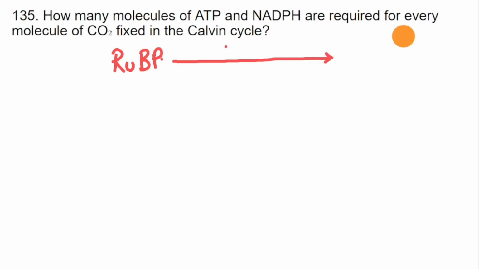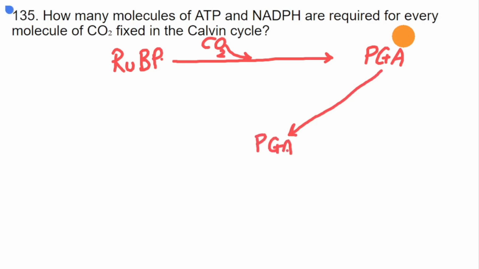This is going to accept CO2, and it will form phosphoglyceric acid. Then this is reduced to phosphoglyceraldehyde. This is acid, this is aldehyde. So it will be reduced.